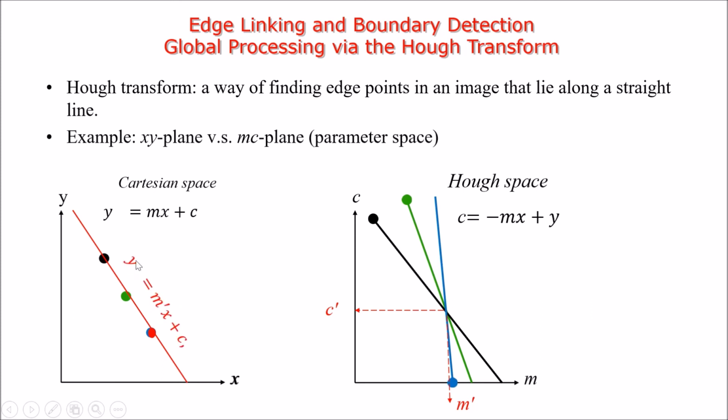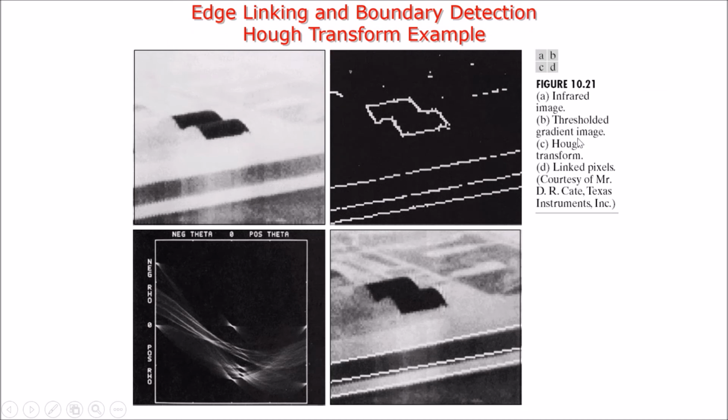So you can use this equation simply because we pick up M prime, C prime from the intersection point here, and then you can plot the line straight away. So this is an example of how we are able to link the line in the half space. We have the image here.